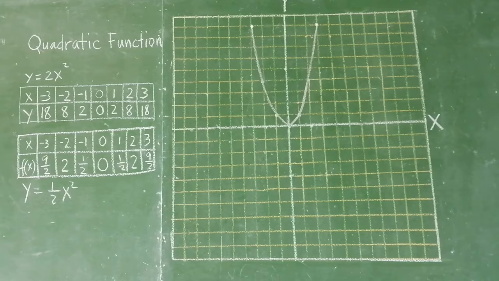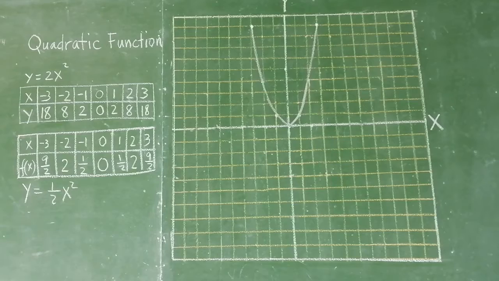Now, supposing when it is negative, of course, when a is negative, the parabola will be opening downward. So take note of this. So when a is positive, the parabola opens upward. When a is negative, the parabola opens downward.